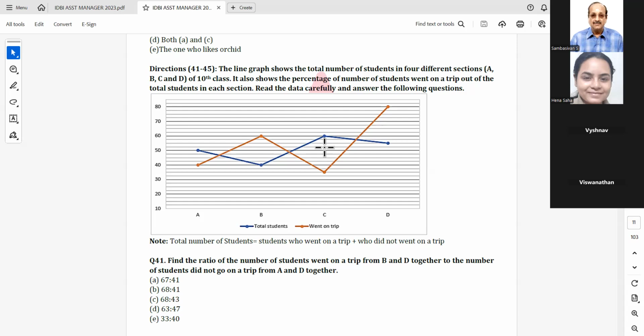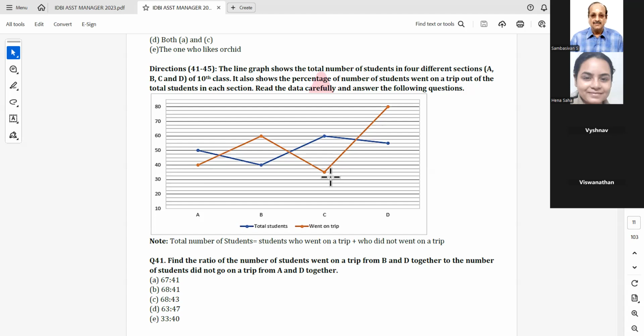Sorry, I am telling wrongly. Going on a trip means this is how we will make mistakes in the exam also. Now I am committing a mistake. You should not do like that. 40% of students from class A went on a trip. Similarly, 60% of class B students went on a trip.